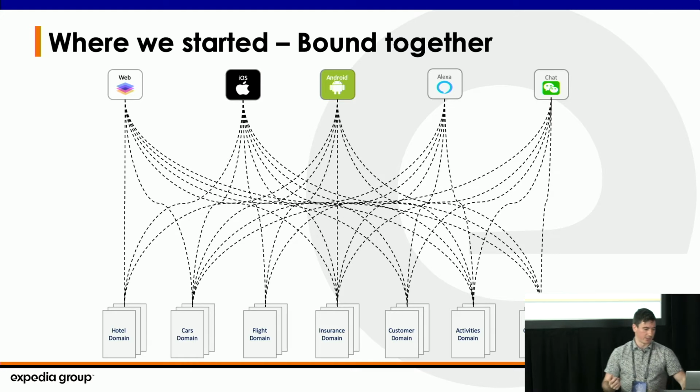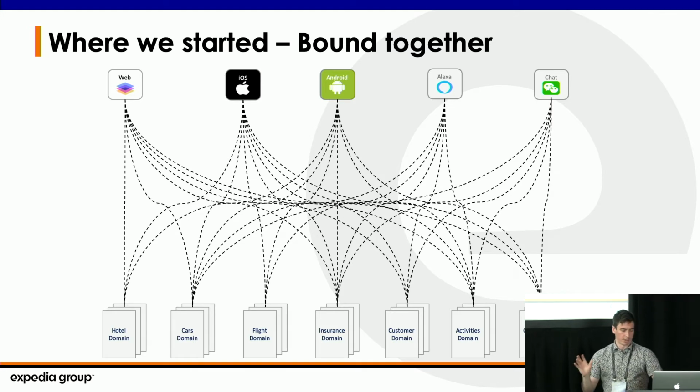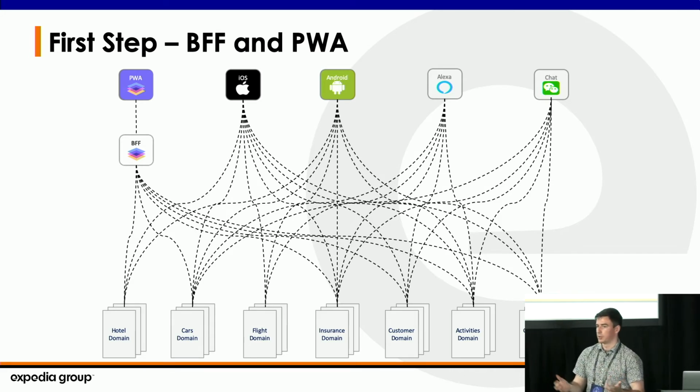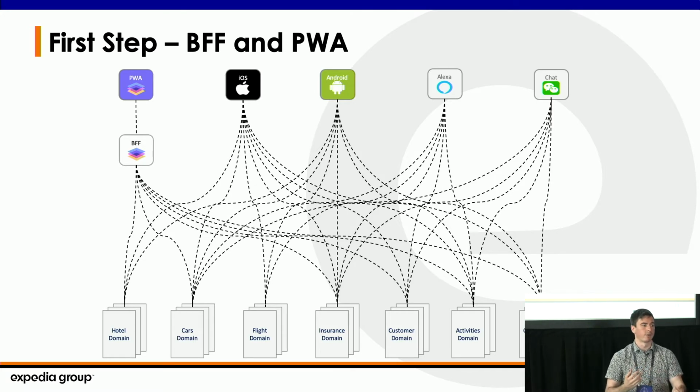So we started to reduce the friction, the interaction points we had, when we started moving to a PWA, which is a progressive web application, and a BFF, which is a backend for front end. This was one of our first goals. The main goal here was to reduce the amount of client code that the PWA has, so that it also reduces the amount of business logic it has.